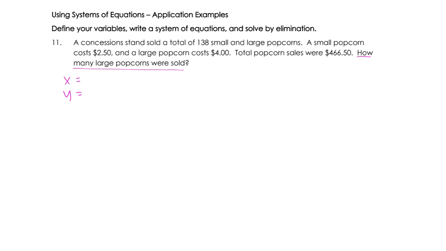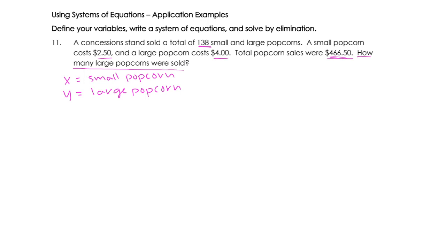So we have, let's see, two things we're talking about would be small popcorn and large popcorn. And then our two equations. So I see that they sold a total of 138 small and large popcorns. And then they have a sentence that talks about all of the money that was involved.